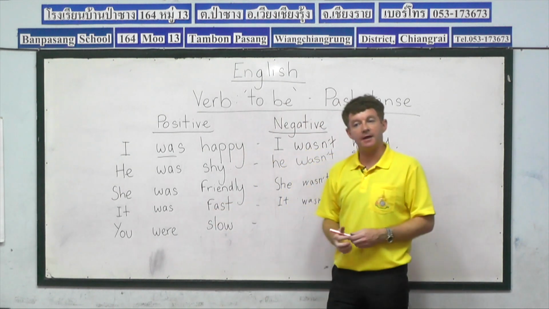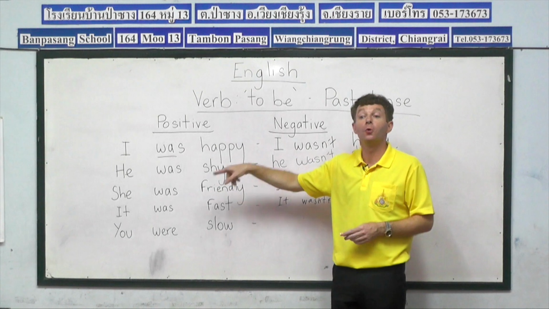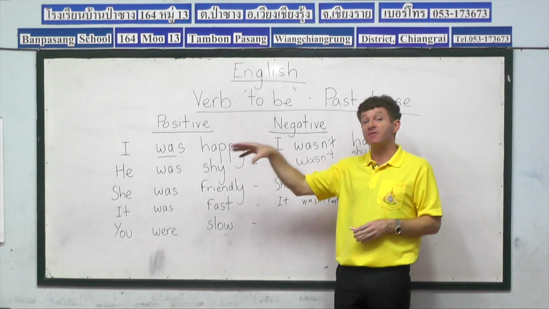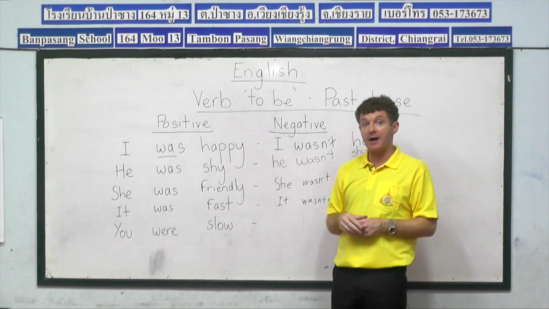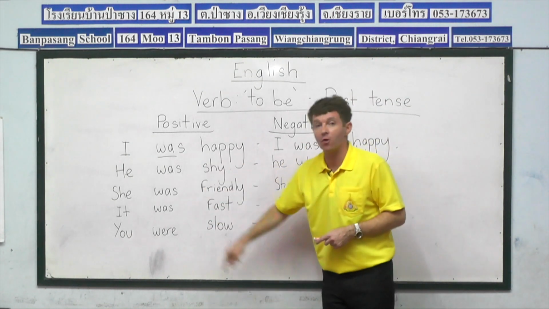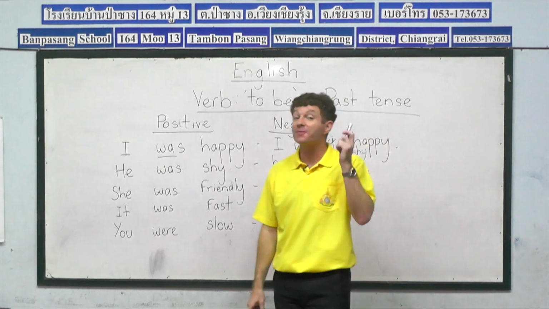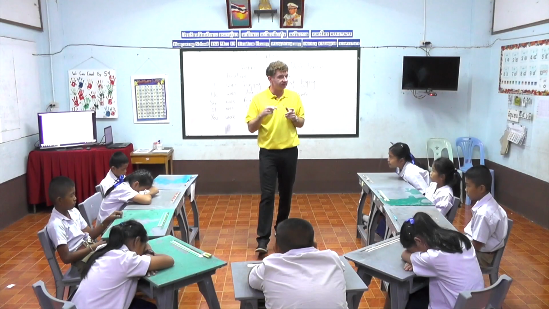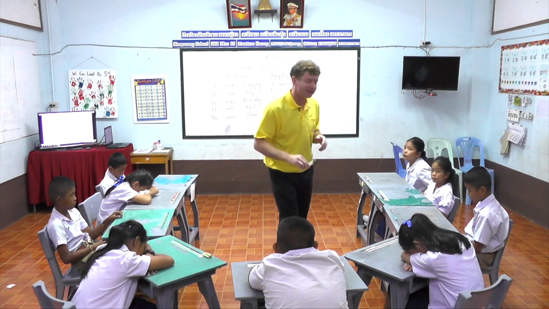So what can you see now? You were slow. Remember, for different sets of subject pronouns, we use a different form of verb to be. So let's see who can be next. You were slow. How can we turn that into a negative statement?